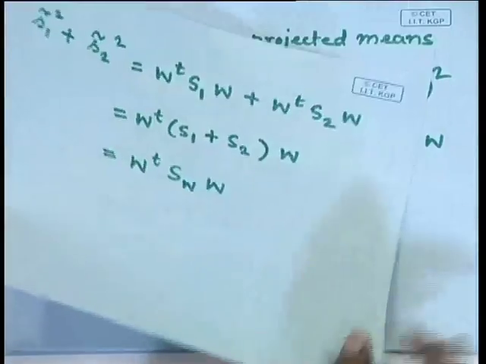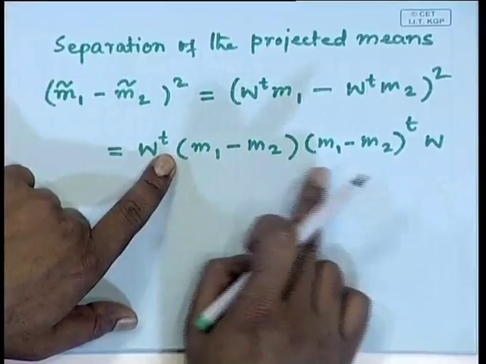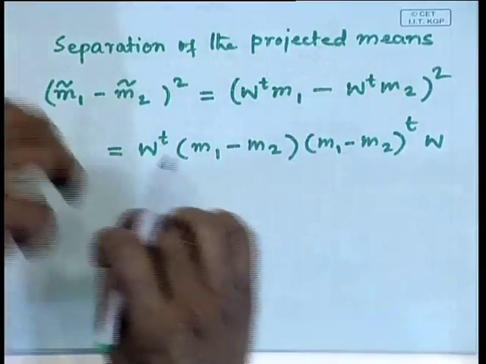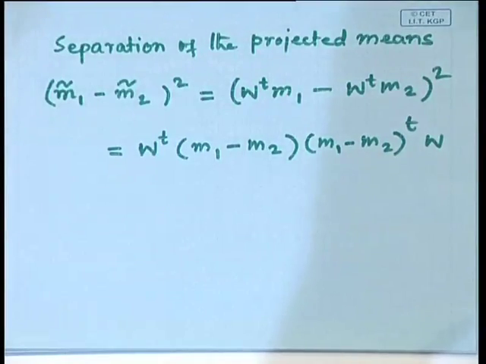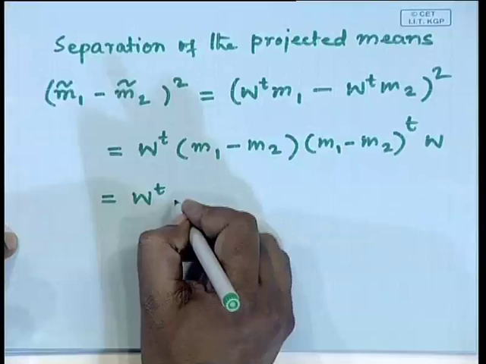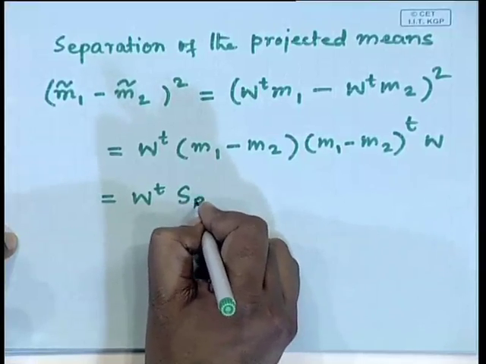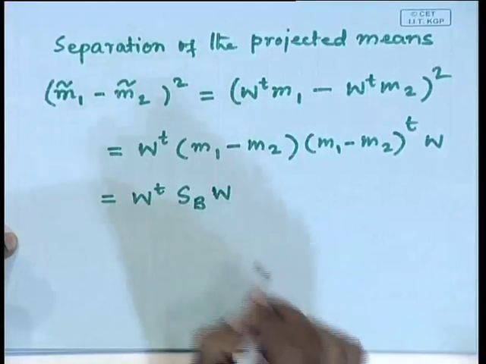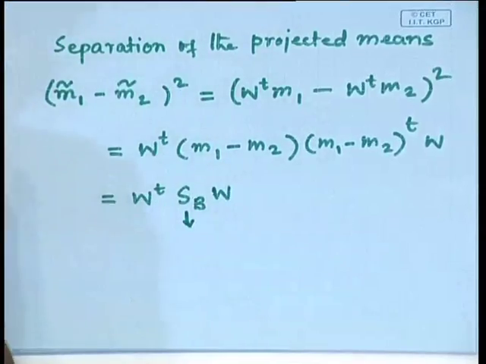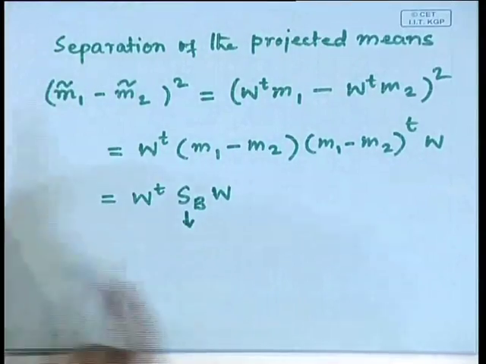And following a similar expression, this expression (m_1 minus m_2) into (m_1 minus m_2) transpose tells you something like between class scatter. Okay. So, I can write this expression as W transpose S_B W, where this S_B we call the between class scatter.